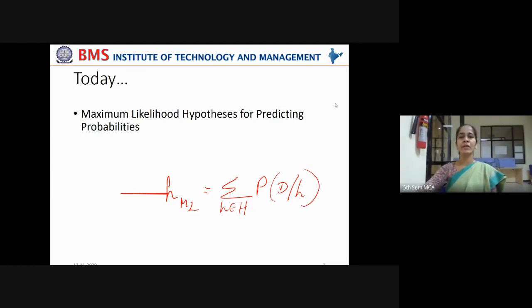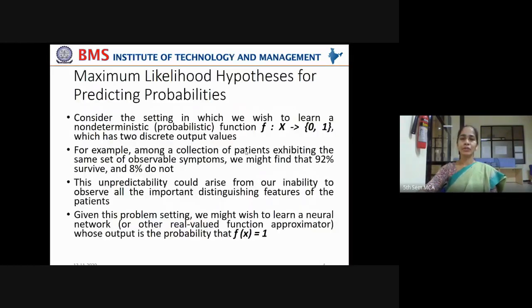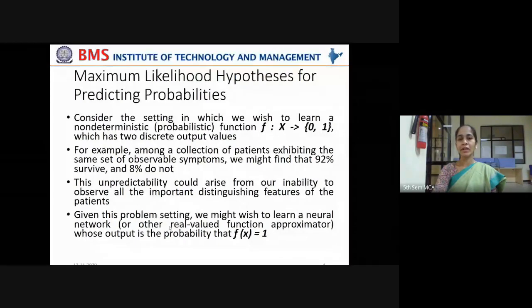This is called the maximum likelihood hypothesis, and how it is used for predicting the probabilities we are going to see. Now consider the setting in which we wish to learn a non-deterministic or probabilistic function f such that x maps to {0, 1}, which has two discrete output values.